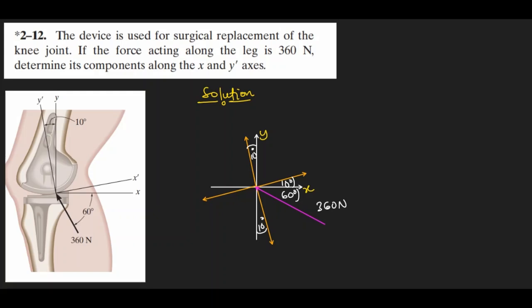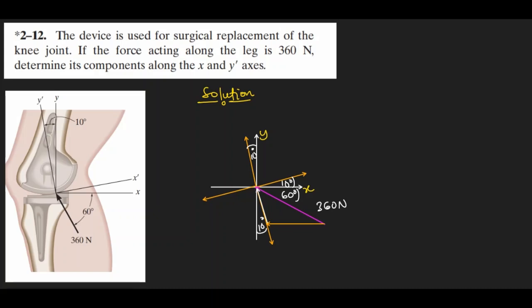Now, since you have to find the components of the 360 Newton force along the x and y prime axis, we're going to indicate those components on the free body diagram. So you're going to have the x component to be this, and then the y prime component to be in this direction.